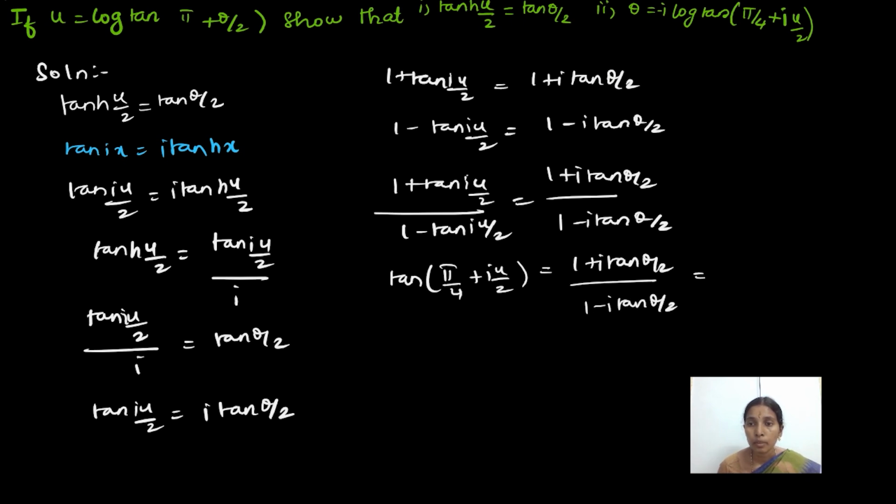This is nothing but 1 plus i tan theta by 2 is equal to sin theta by 2 by cos theta by 2.